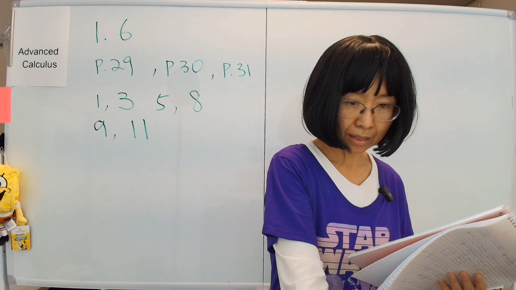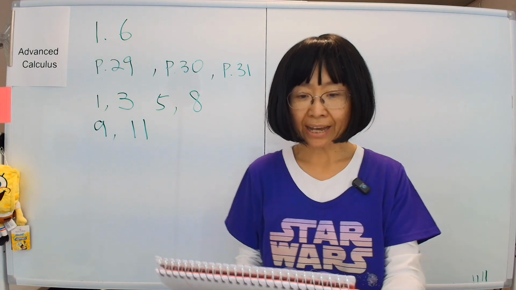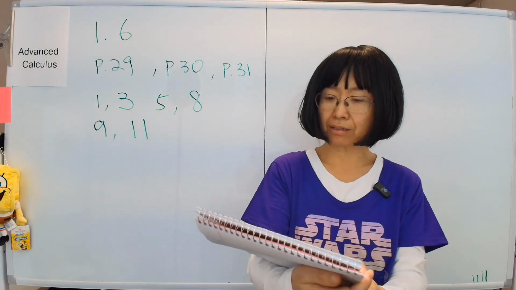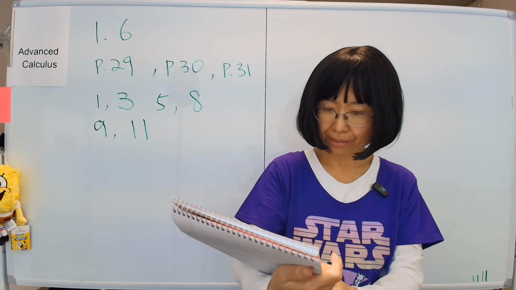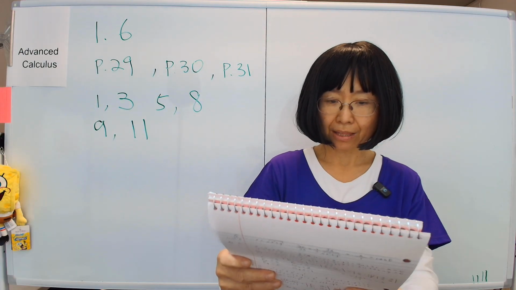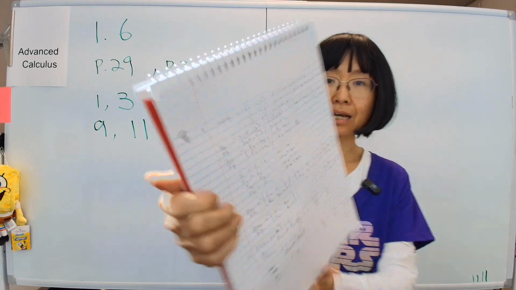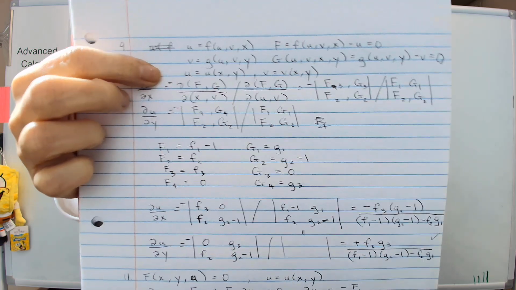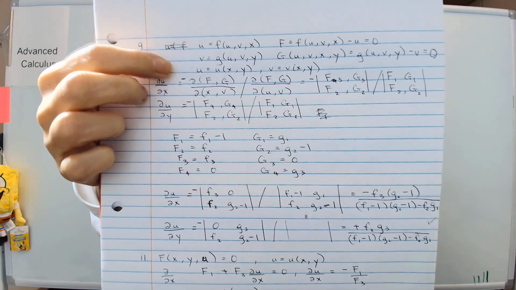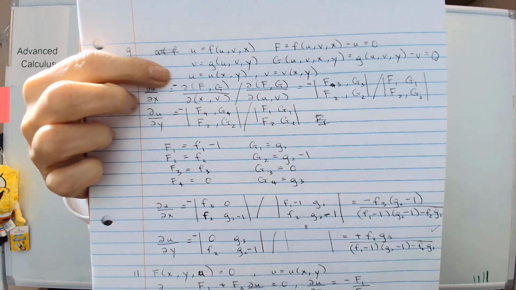So problem 9, we are supposed to use the Jacobian to calculate, I believe, partial u, partial x, and partial u, partial y. That is straightforward. By now, we have done this enough times. Be very careful, always, as to what is the independent variable and what's the dependent variable.